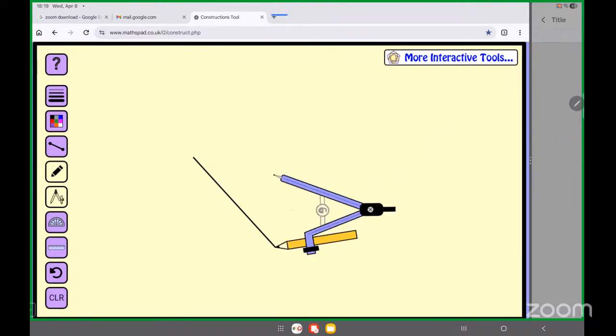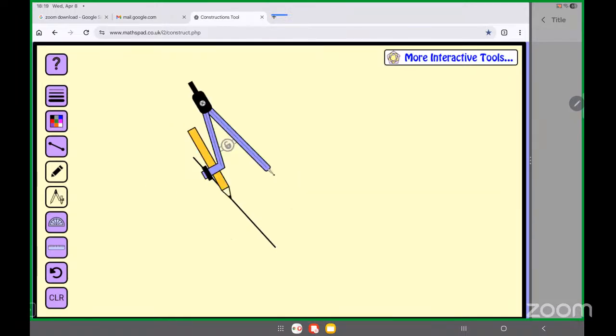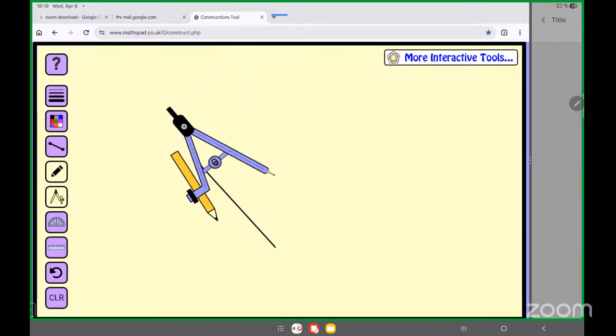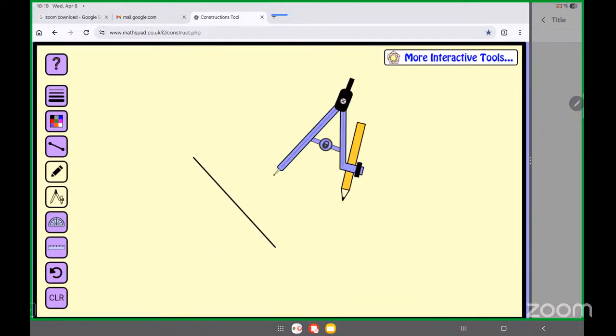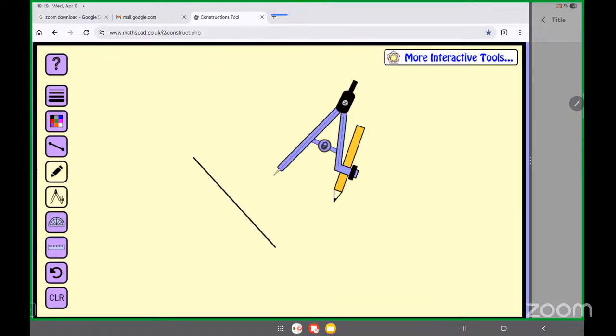So open the compass and adjust it. What you want to do is ensure that when you make an arc, it will cross the line at 2 points. This one still looks a little bit too long. Let's close it up some more. All right, this one will.